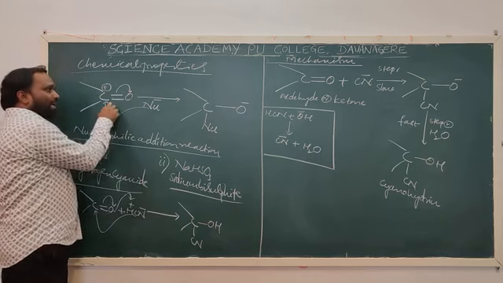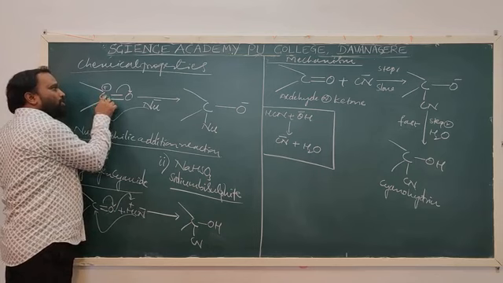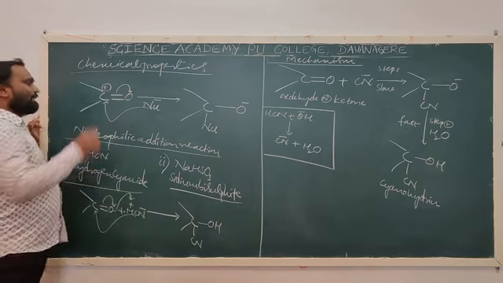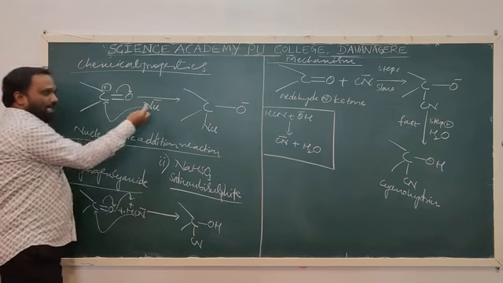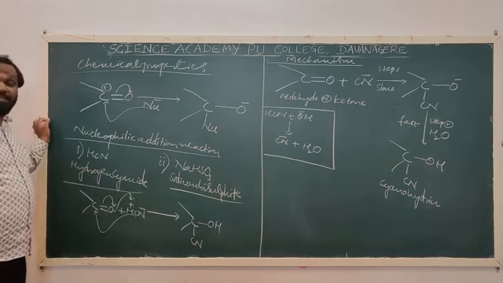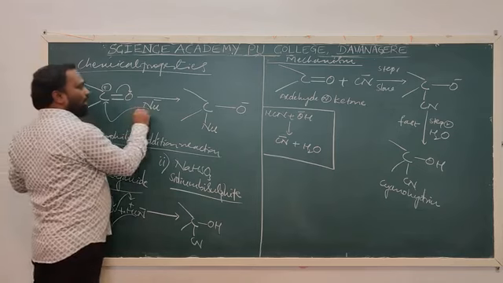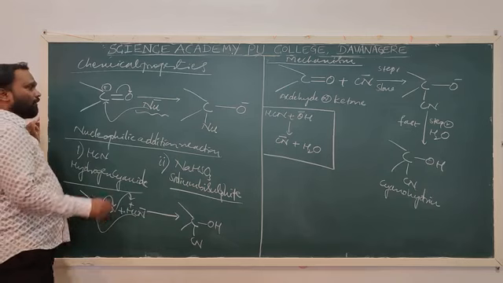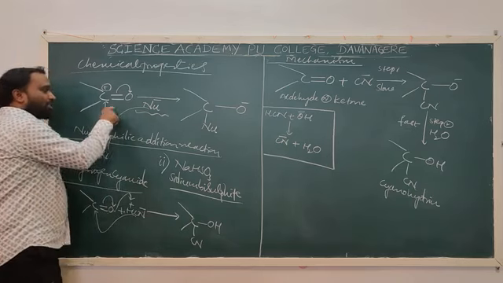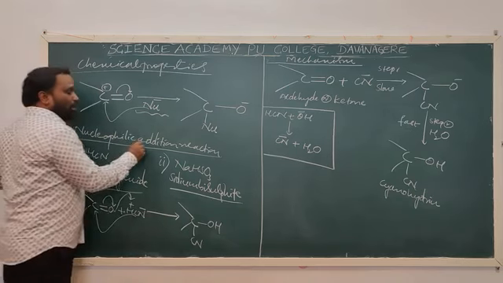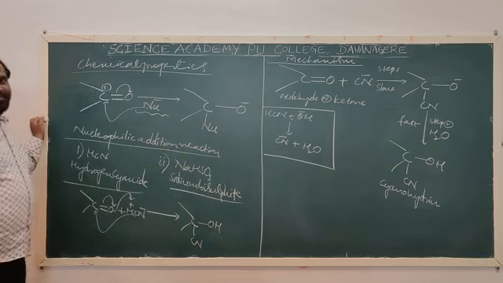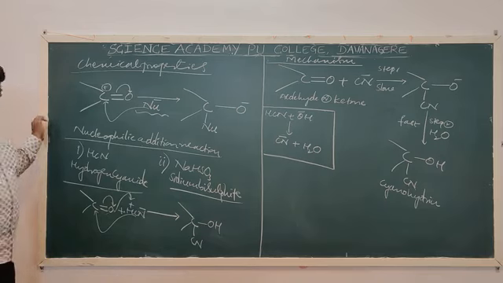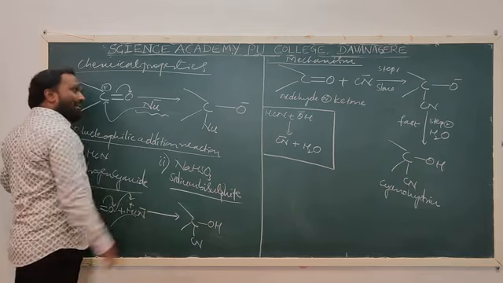Therefore, because of the positive charge on this carbon atom, this carbon attracts the electron-rich centers, which are called nucleophiles. Therefore, it undergoes addition reaction, that too nucleophilic addition reaction. This is the reason why both aldehydes and ketones undergo nucleophilic addition reaction.